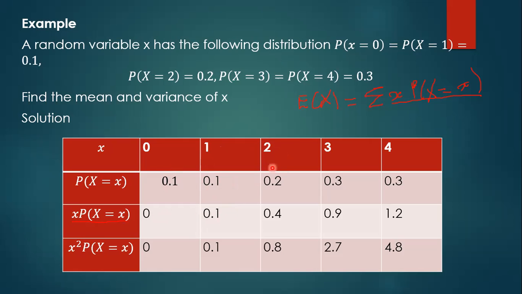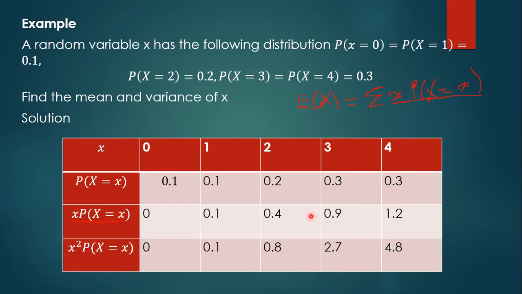Then I get 2, multiply it by 0.2, and that gives us 0.4. Then I get a 3, multiply it by 0.3, that gives me 0.9. Then get my 4, multiply it by 0.3, and that gives me 1.2.